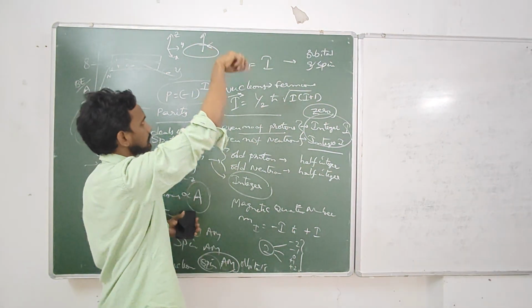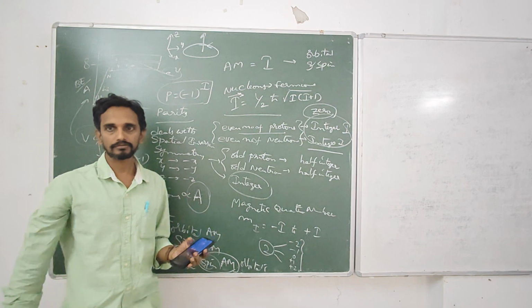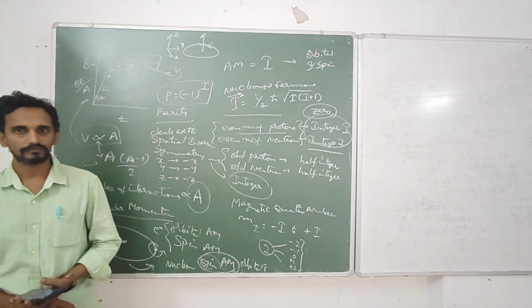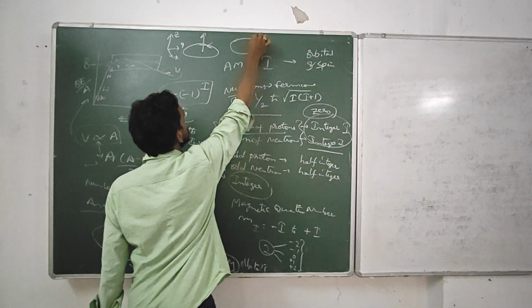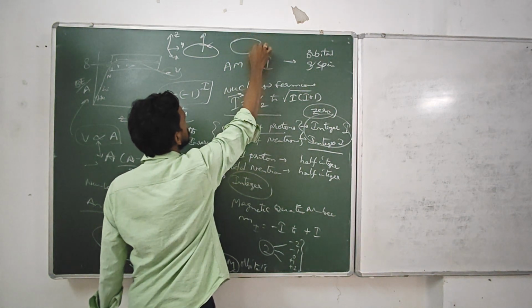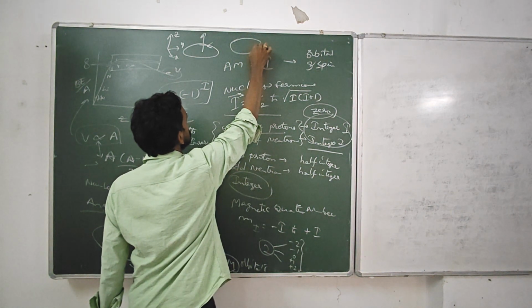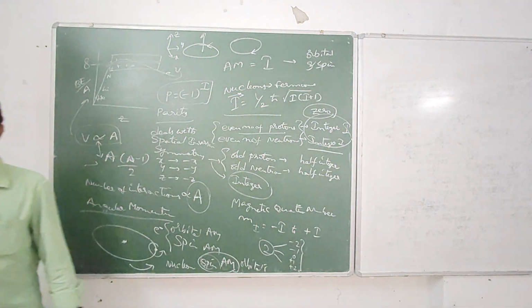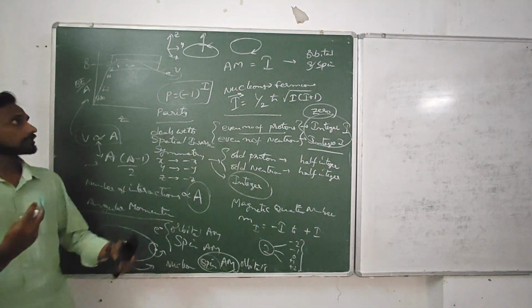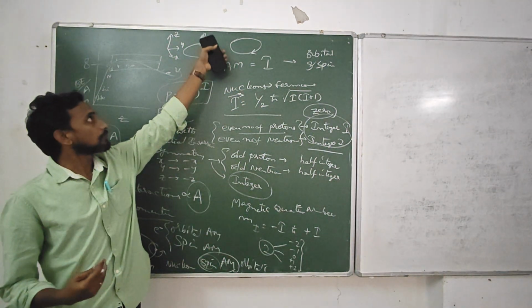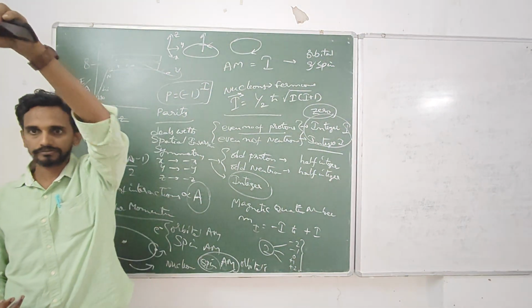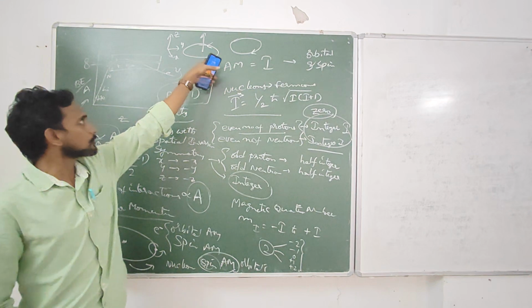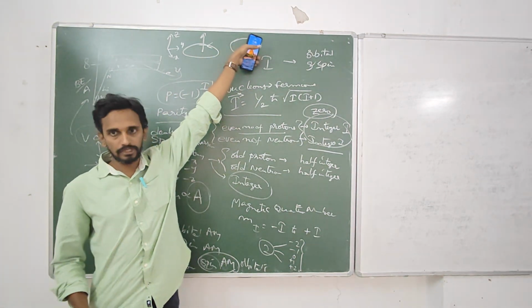So how does it look in the mirror? In the mirror, it looks like this. Whatever inner portions are there will be inner portions in the mirror also. This outer portion will look nearer to me.